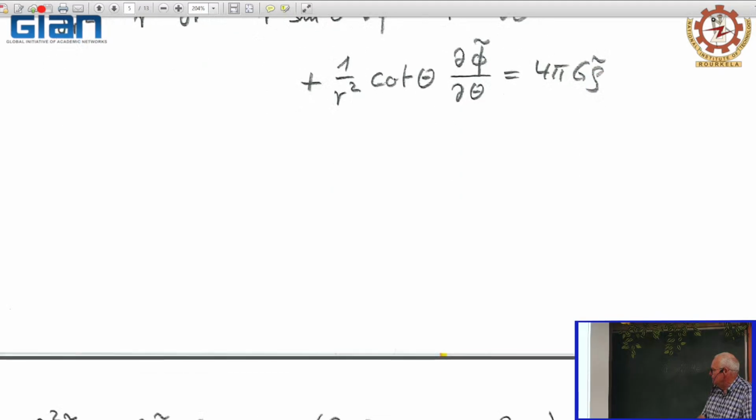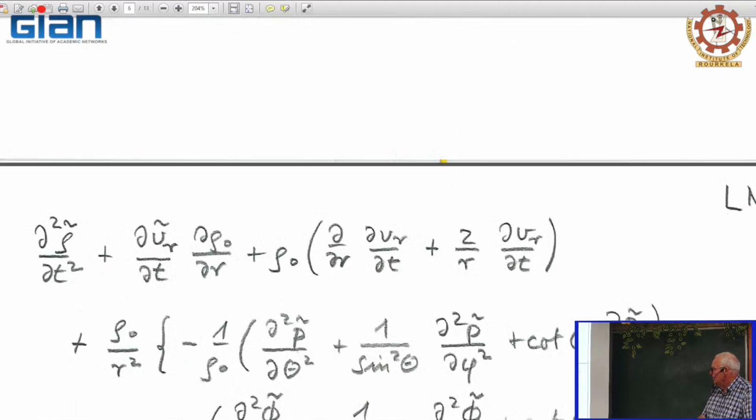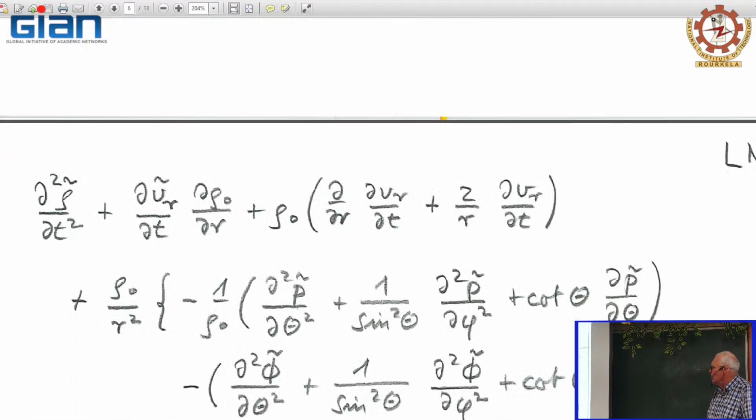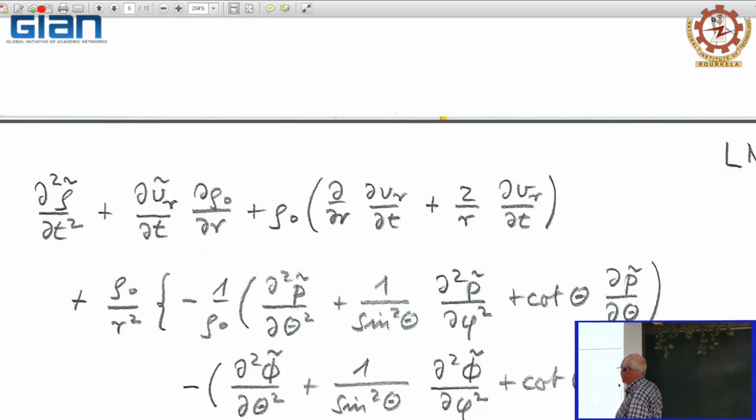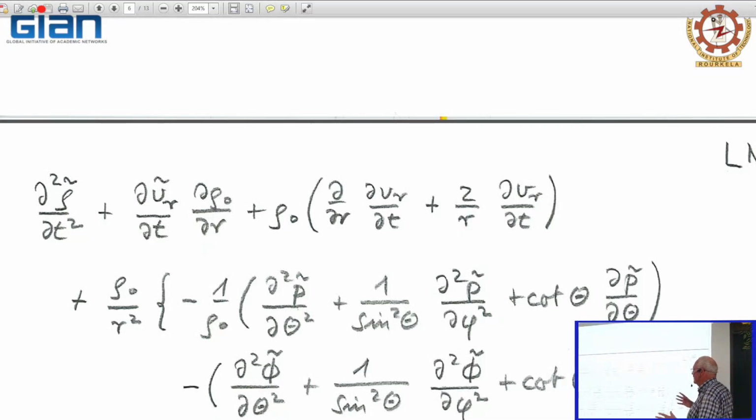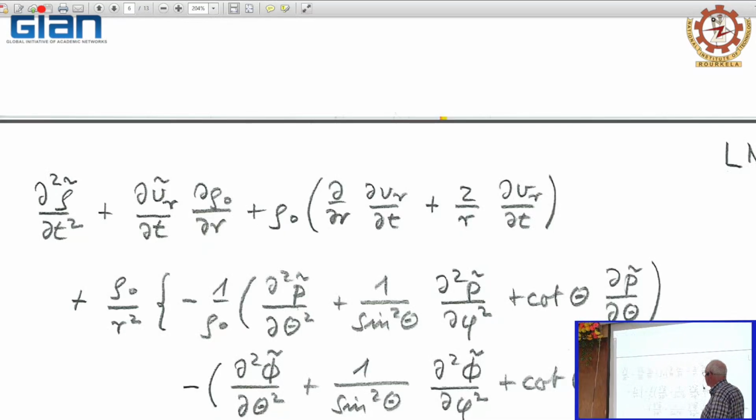What is the result then, which we are left with? Well, this is the form of the mass conservation equation. We have differentiated it.